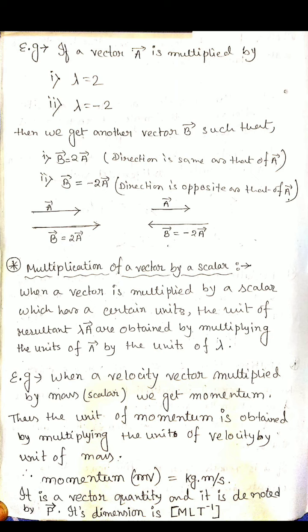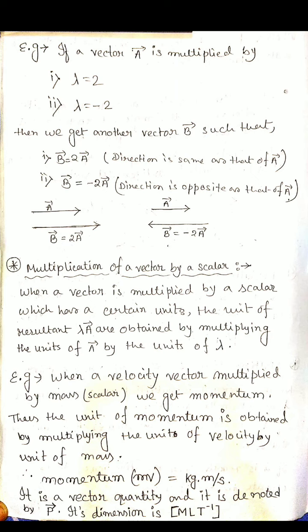A scalar quantity has no direction, but it has a magnitude and a unit. So when we multiply a vector quantity with a scalar quantity, and both have some unit, whatever new product we get, say b vector or lambda times a vector, its unit is obtained by multiplying the unit of vector a and the unit of lambda.